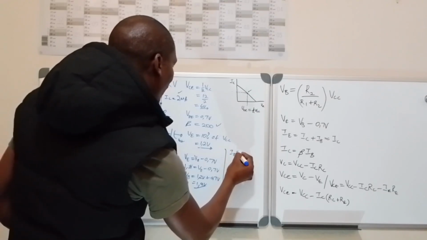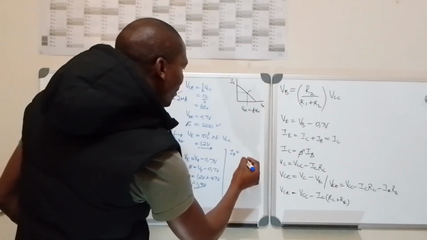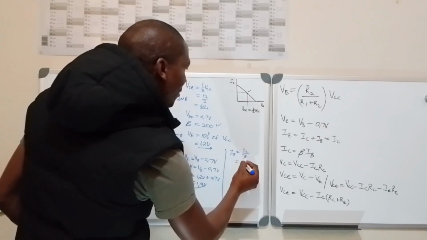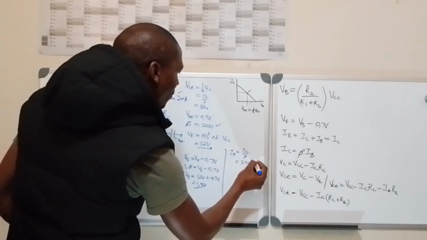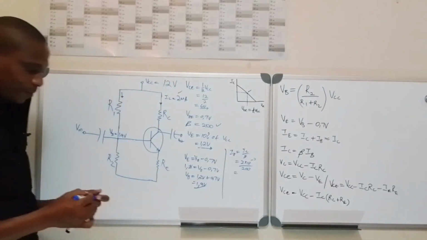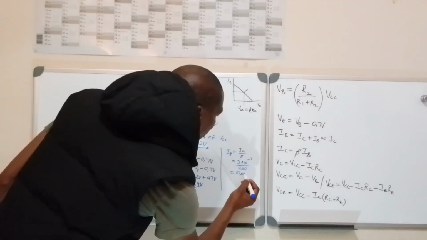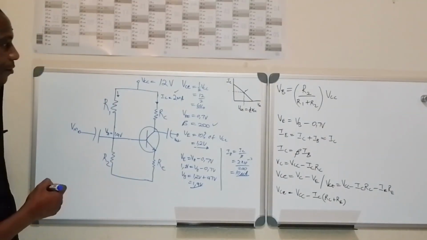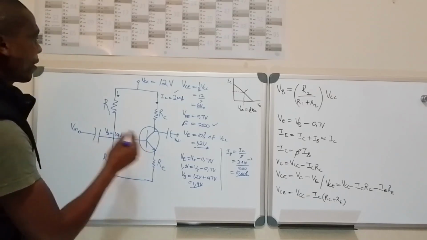IB is equal to IC over beta, and this is equal to 2 times 10 to the power minus 3 all over 200. Now IB is equal to 10 microamps. Let me write these values this side.